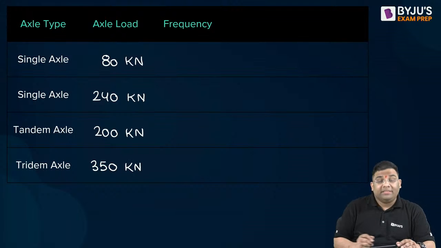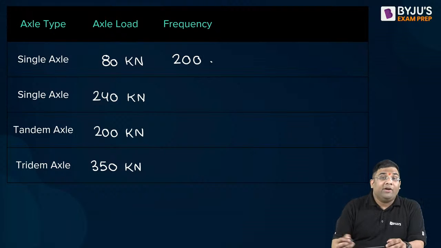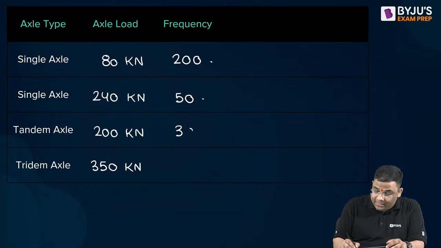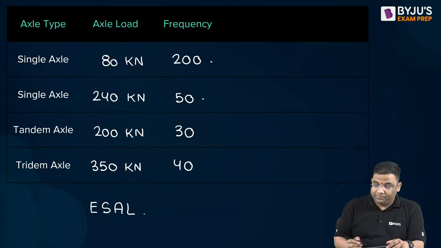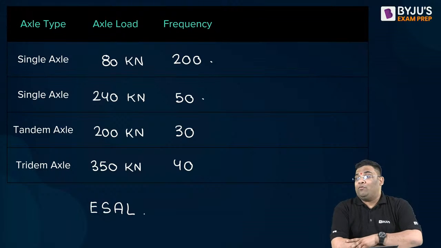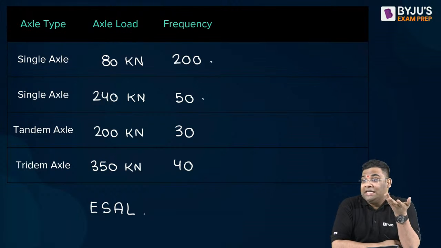The frequencies are 200 for the first, 50 for the second, 30 for the third, and 40 for the last. If I ask you to find the equivalent standard axle load, can you find it? Yes, you can easily find it.